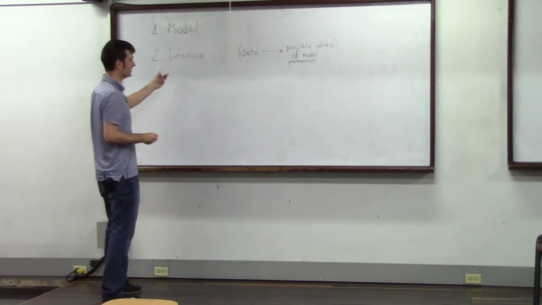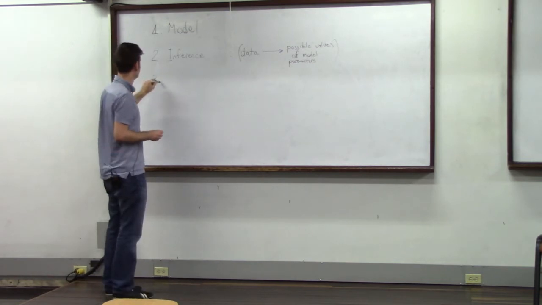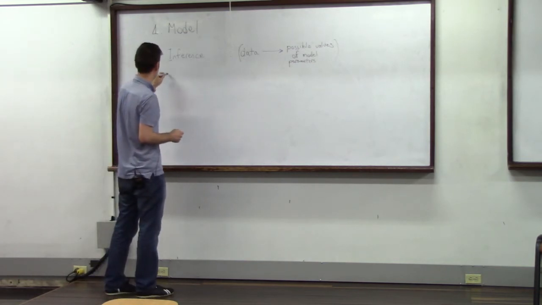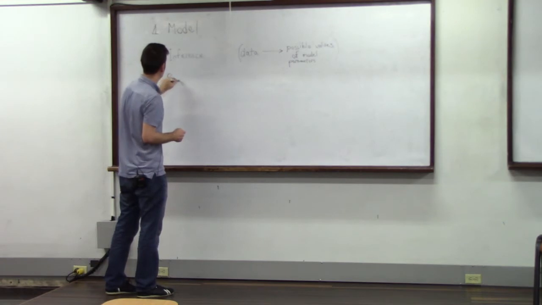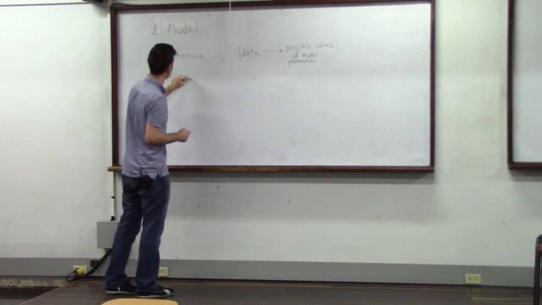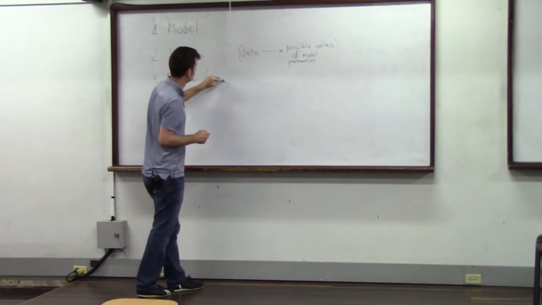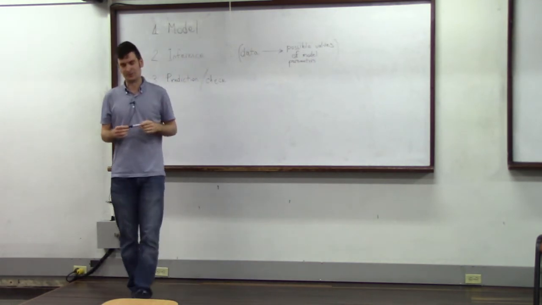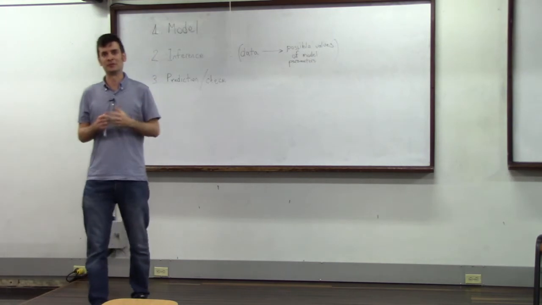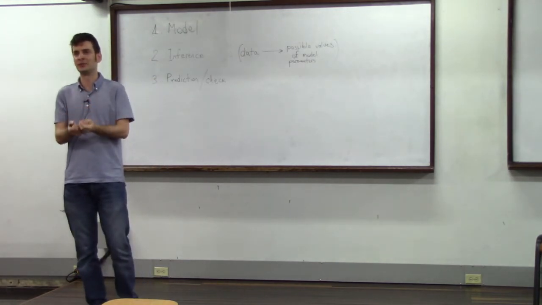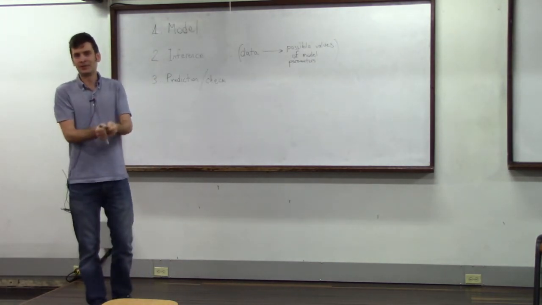But yeah, so this is only the second step, and then the third step is, I call it the prediction or the check step of the model. This is when you made an inference, so you fitted the model to the data.